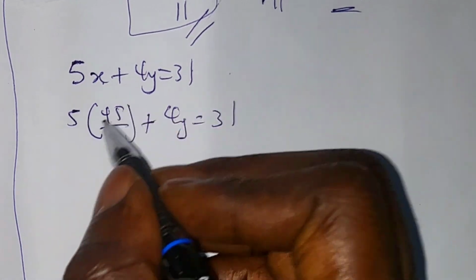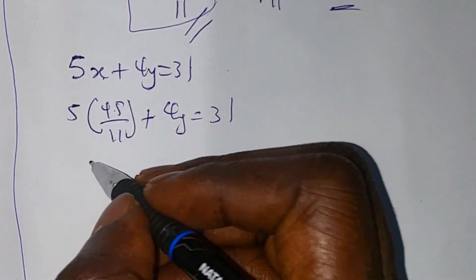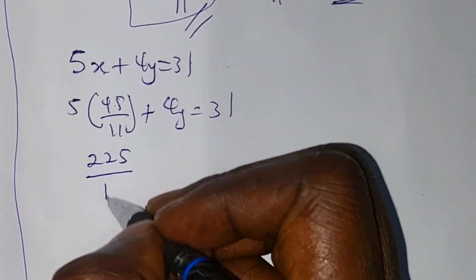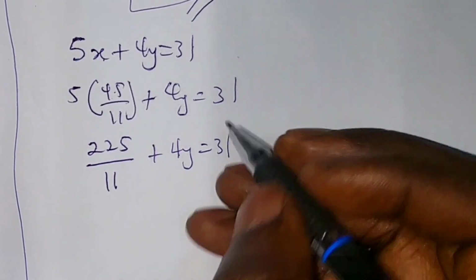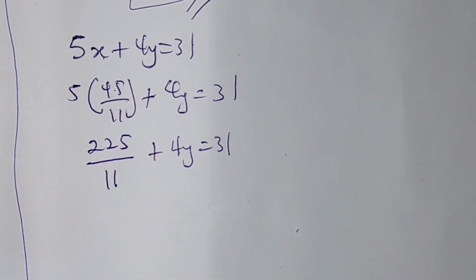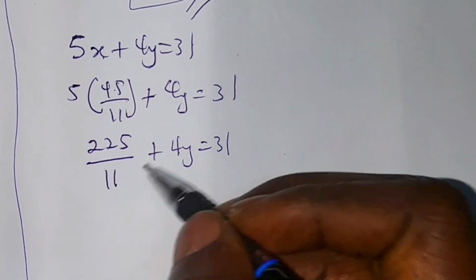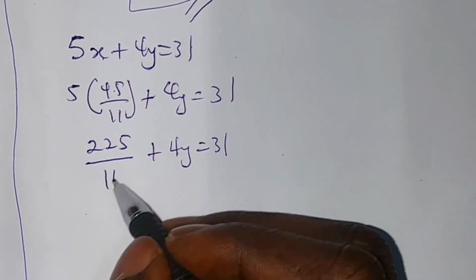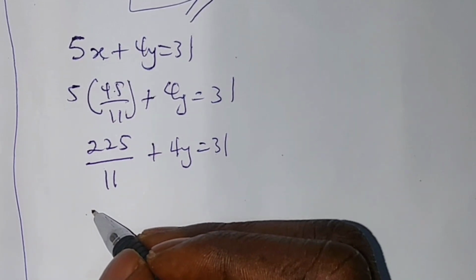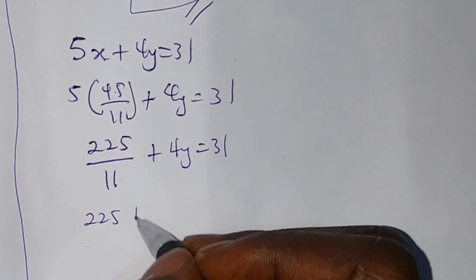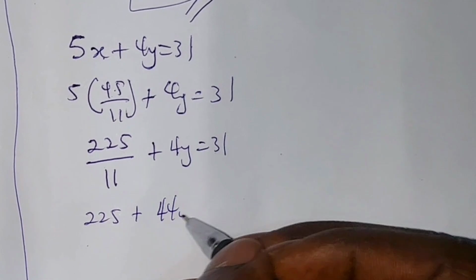When we multiply 45 by 5, we get 225 over 11 plus 4y is equal to 31. Let's multiply through by 11 so that we get rid of the 11 here. So we get 225 plus 44y.